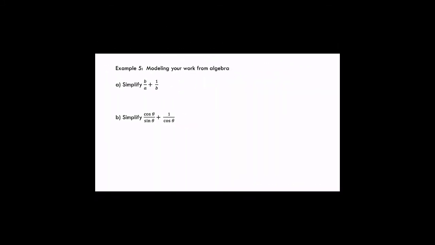The next problem deals with denominators that are not identical. We have to find a common denominator. So in algebra, you may have encountered a problem like this, and you're asked to add a couple of fractions, and we remember that we can only add fractions with common denominators. So how do you do that when your denominators aren't at all alike? We multiply by the other guy.